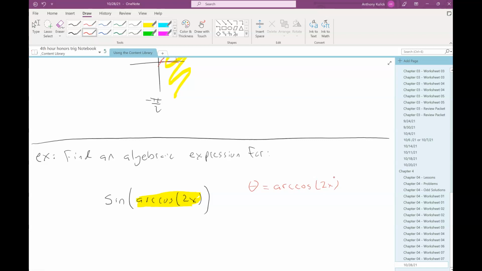Everybody's clear on that? If I take the cosine of both sides, that's equivalent to cosine theta equals 2x. Everybody's okay with that?